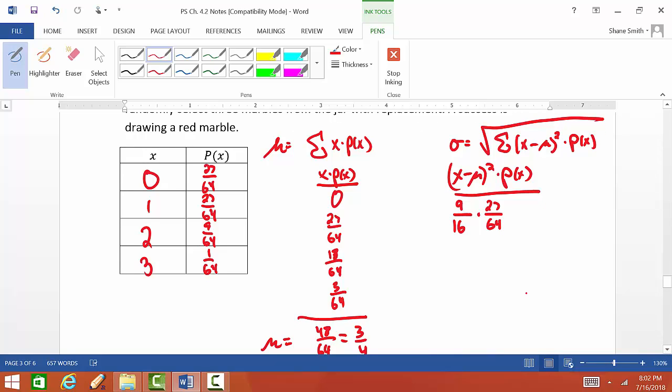Okay, so the next one is 1/4 squared, which is 1/16, times that probability, which is also 27 over 64. The next one is 2 minus 3/4, that's 5/4 squared, which is 25/16, times 9 over 64.